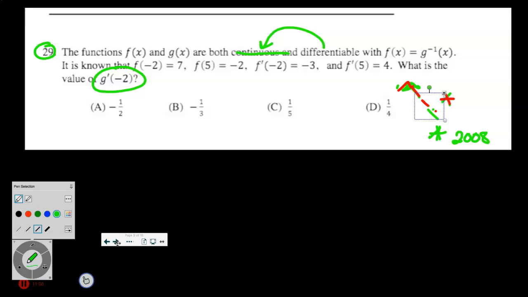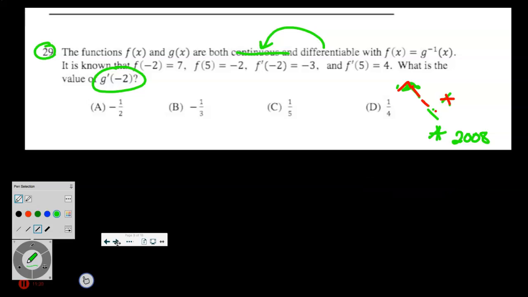We've got to think about, well, if f of x is g inverse, then g is f inverse. It works both ways. That's how inverse functions work. Meaning that if the square root of x is the inverse of x squared, well, then x squared is the inverse of the square root. So that it works both ways.